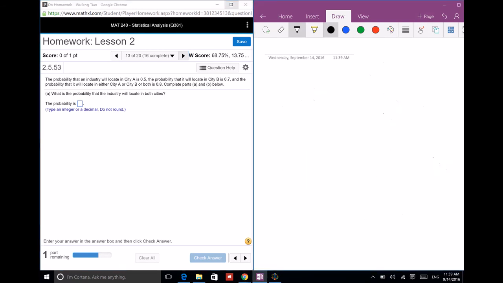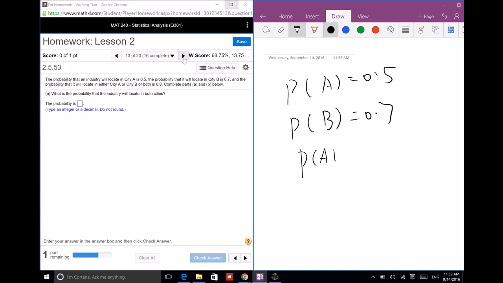Okay, this one, the probability that an industry is located in A is P(A) equals 0.5, and P(B) equals 0.7. The probability that it is located in either A or B or both is 0.8.